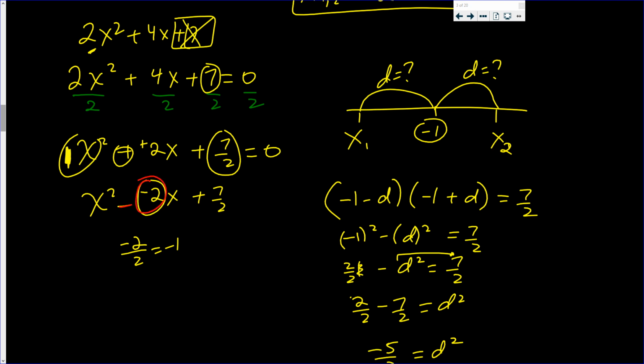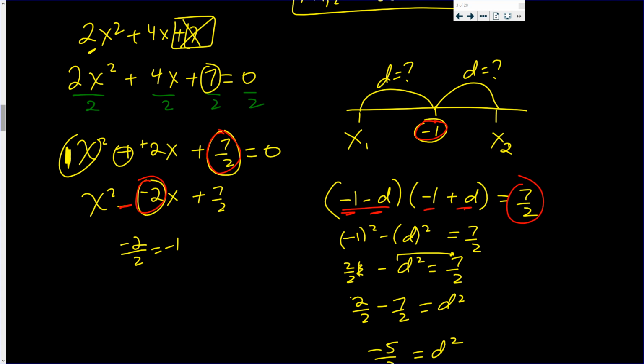It better be after a minus sign. Taking half of a number is also equivalent to dividing by 2. And that center minus d and that center plus d is supposed to equal the constant, 7 over 2.